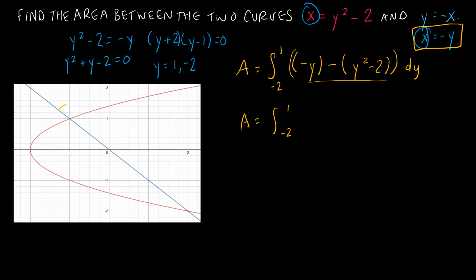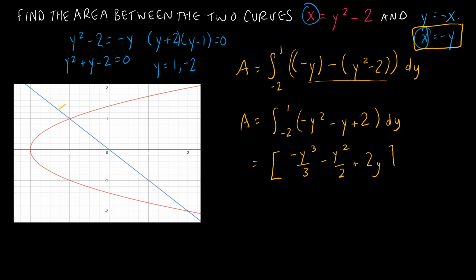If I simplify all of that, that's just going to give me the integral of negative y squared minus y plus 2 with respect to y, which gives me negative y cubed over 3 minus y squared over 2 plus 2y from negative 2 to 1.